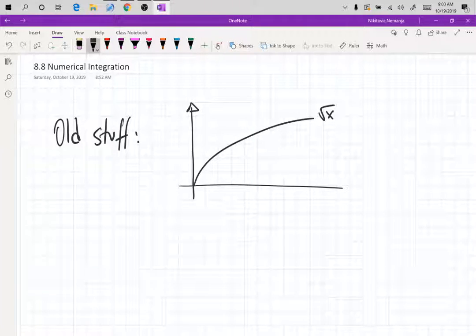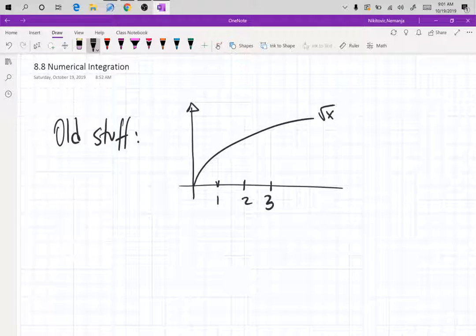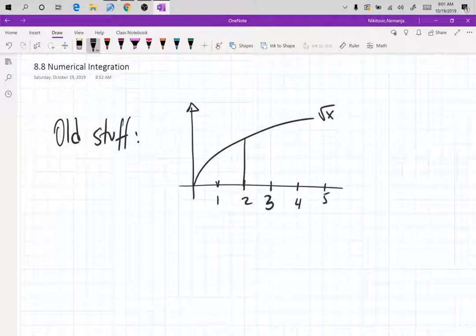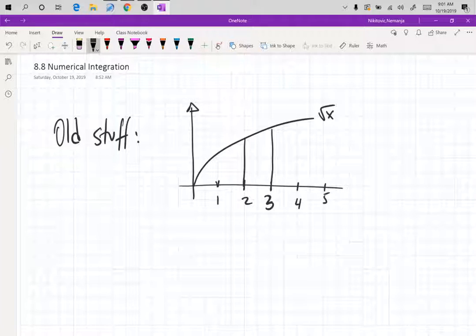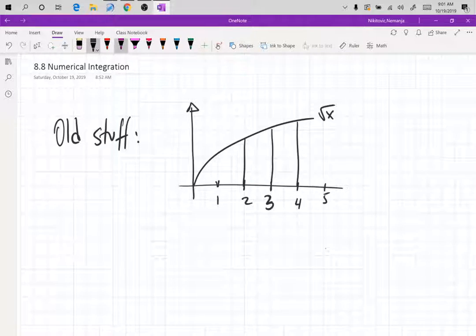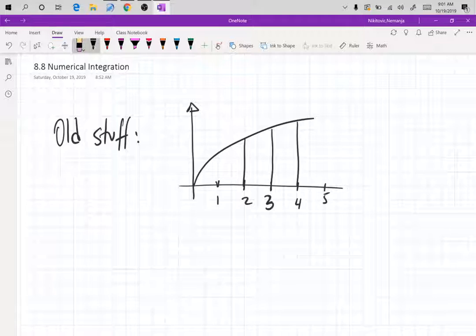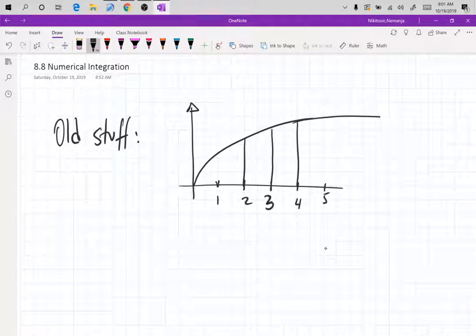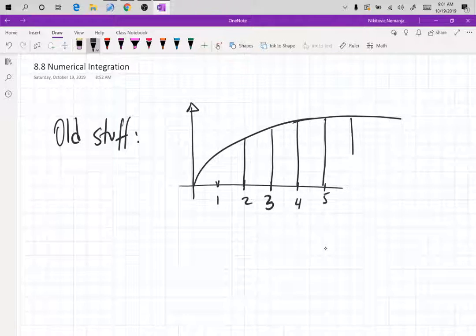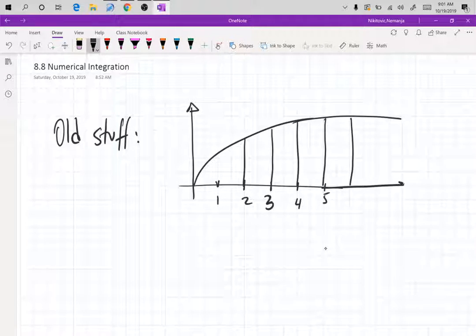And let's say you want to calculate area from 2 to 5. Let's go 2 to 6. So we'll go 2 to 6.